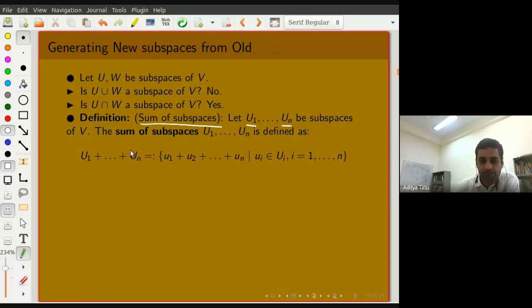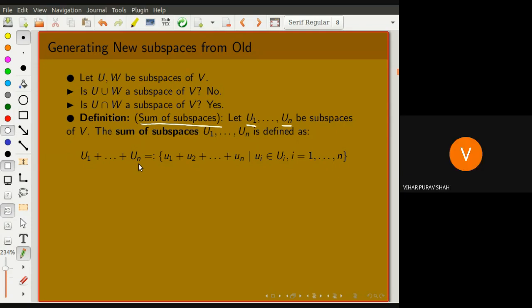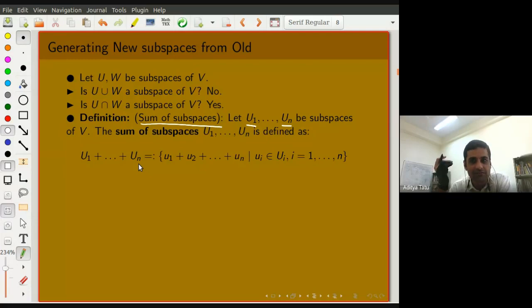Sir, can we also apply the concept of cosets like this? Once again, can we also extend the concepts of cosets in here? Yes. And if you remember, I had given a question in one of the tutorials where the group under consideration was R2 and a line passing through the origin was its subgroup.